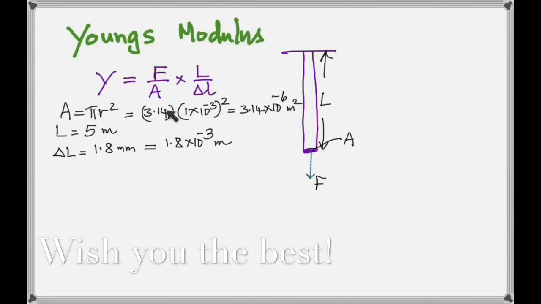What is this? You have to change it to meters. How do you change a millimeter into meter? Divide by 1,000 or multiply by 10 to the negative 3. And then you have a square because it's r squared. When you do all that, you get that. So be careful on this. So that's the area in meter squared.